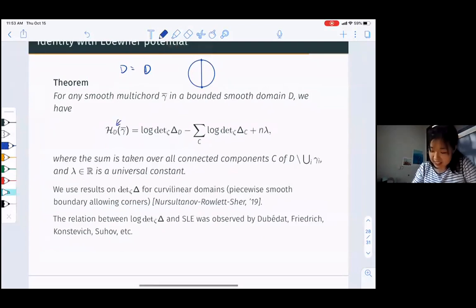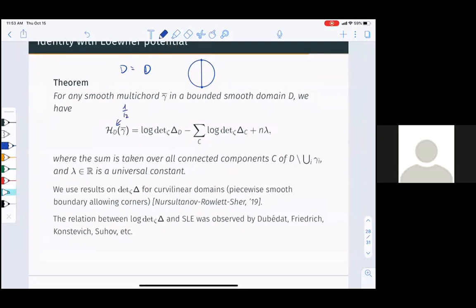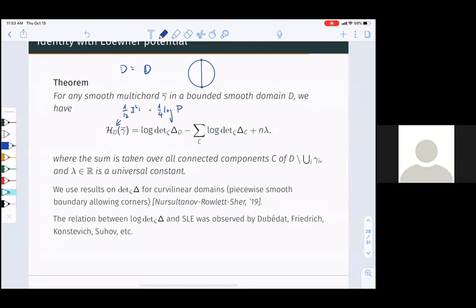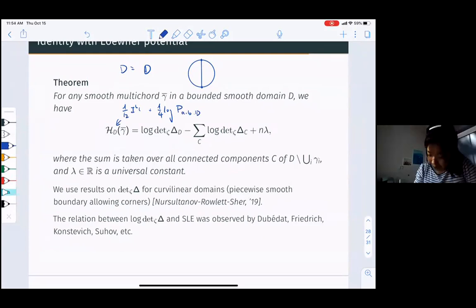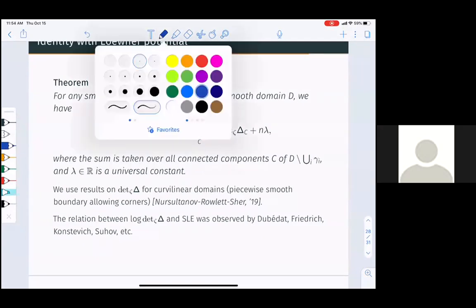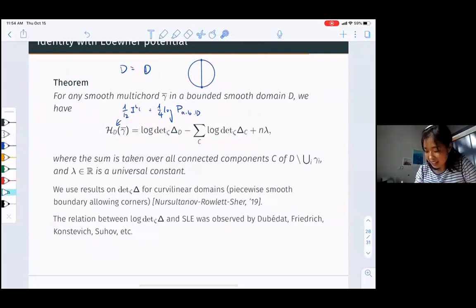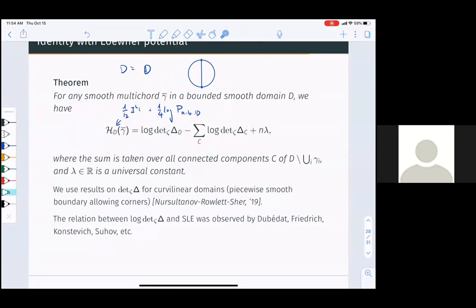This is 1/12 of the Lagrange energy, which is 0, and then there is a term 1/4 log of the Poisson kernel. So these are all explicit. Then we just have to explicitly compute the determinant of the Laplacian of the unit disk and of the half disk, and you can find out what this lambda is. So there's a way of computing it.